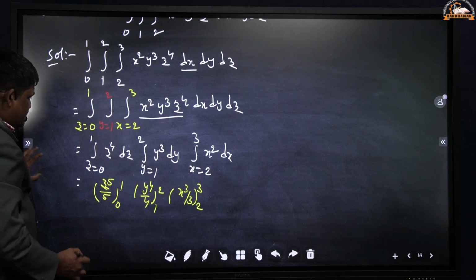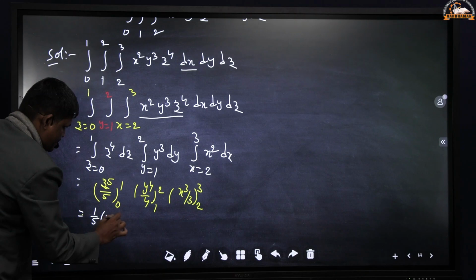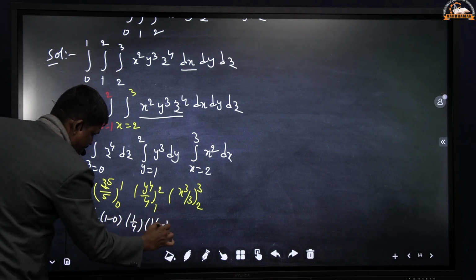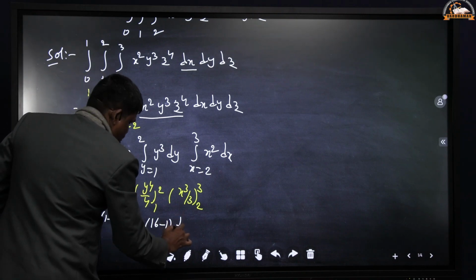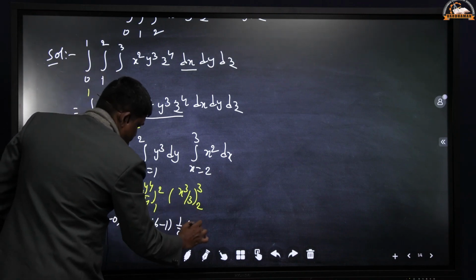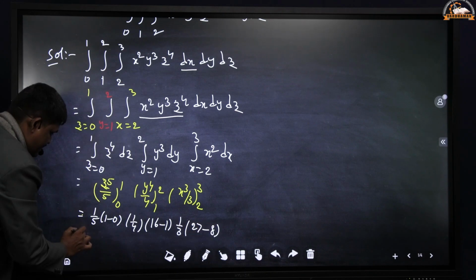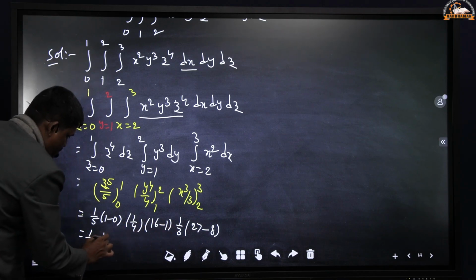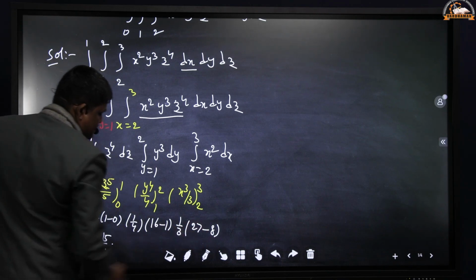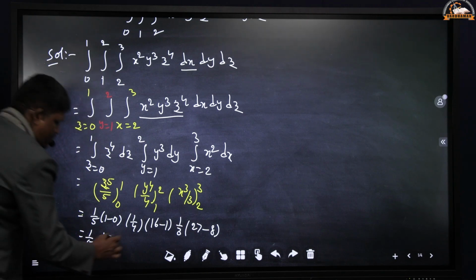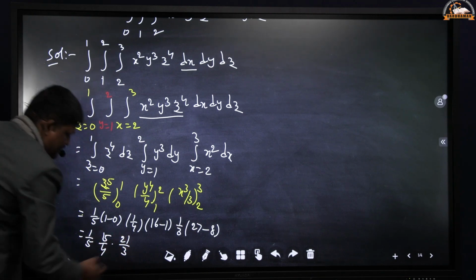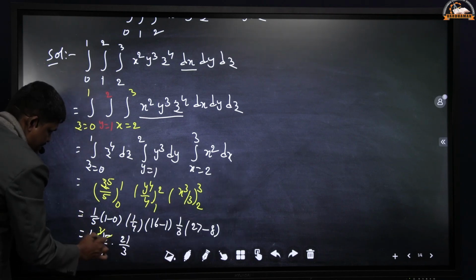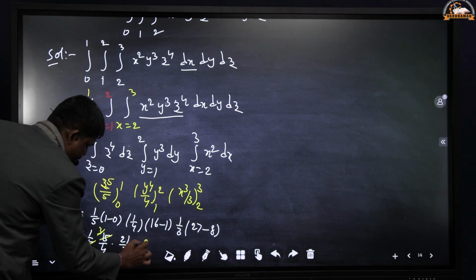We get 1 by 5 outside, 1 minus 0; 1 by 4 outside, 2 power 4 is 16 minus 1; and 1 by 3 outside, 3 cube 27 minus 8. You'll get 1 by 5, and by simplification this is 15 by 4, and 27 minus 8 gives 19 by 3. Now do the cancellation. You will get 5 3's, and this 3 will cancel, and you are going to get 21 by 4.